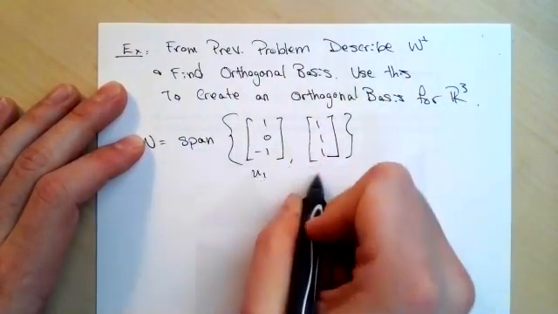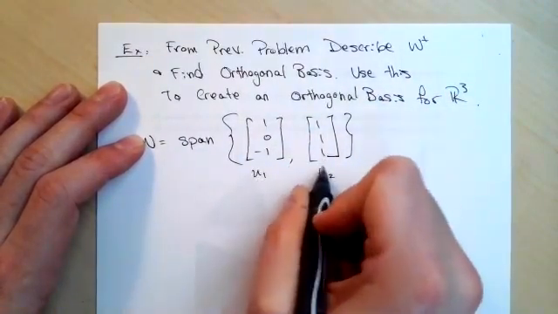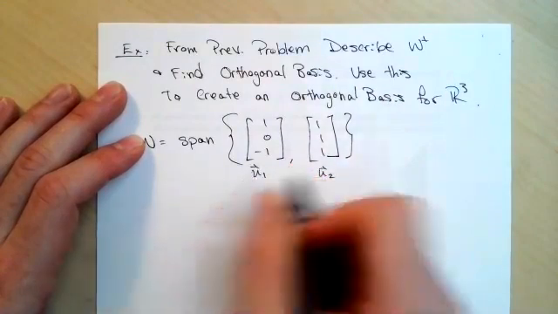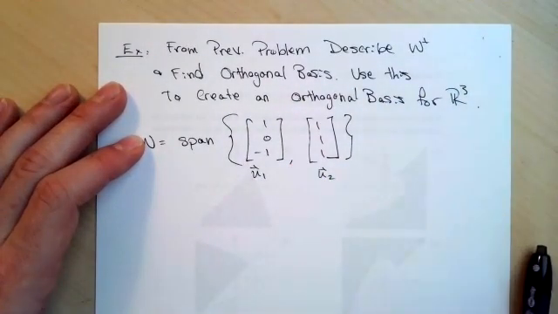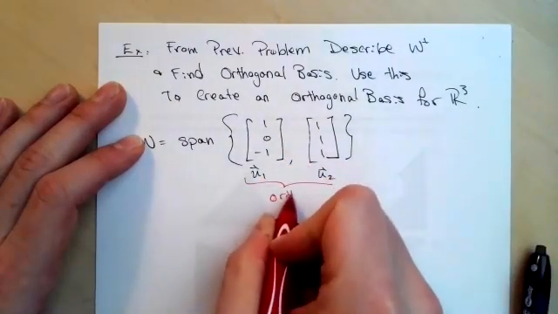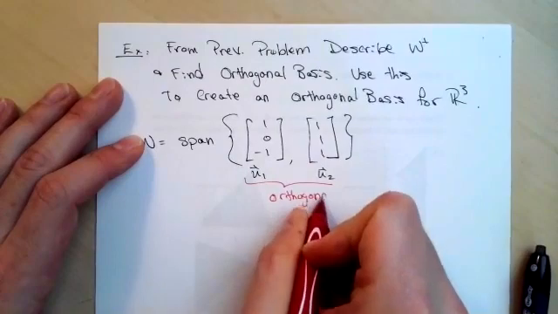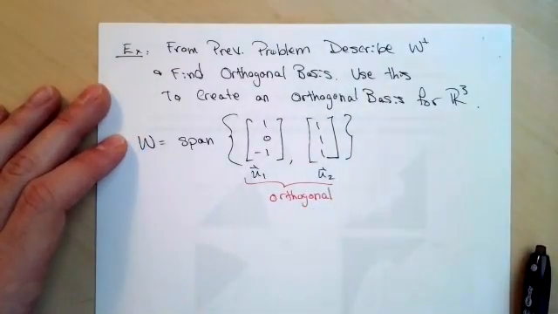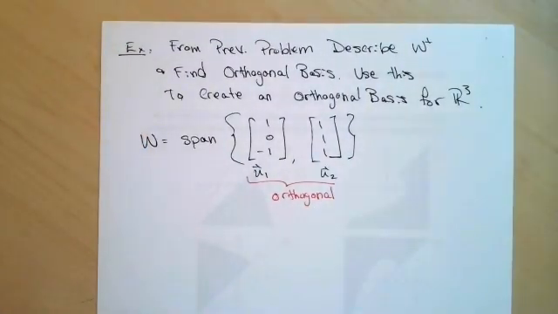This was our U1 and our U2. And we also know that this was orthogonal. I claim that we already found the perpendicular space.